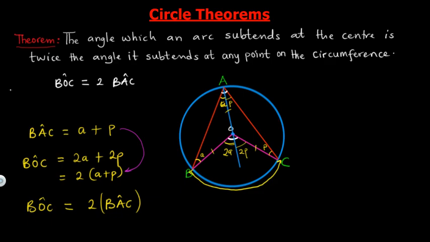So you see that the angle subtended by this arc BC, which is this, is 2 times the angle subtended by the same arc at this point.